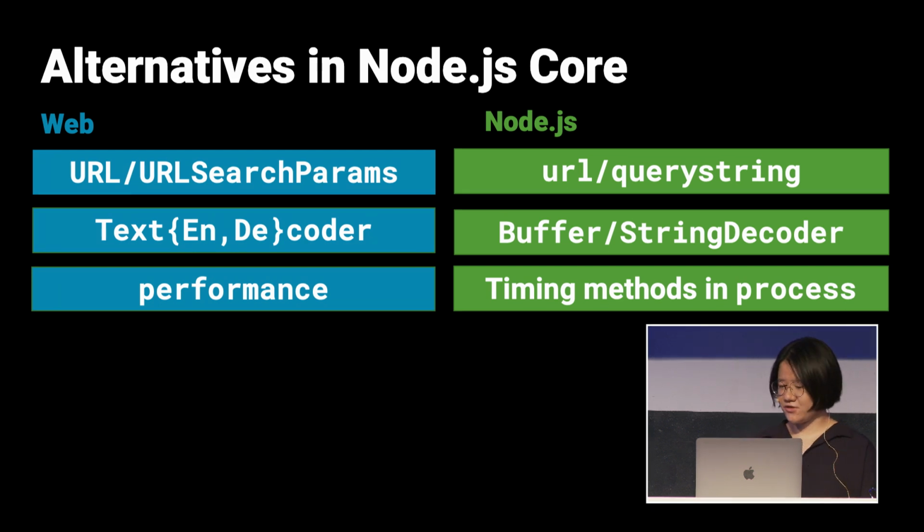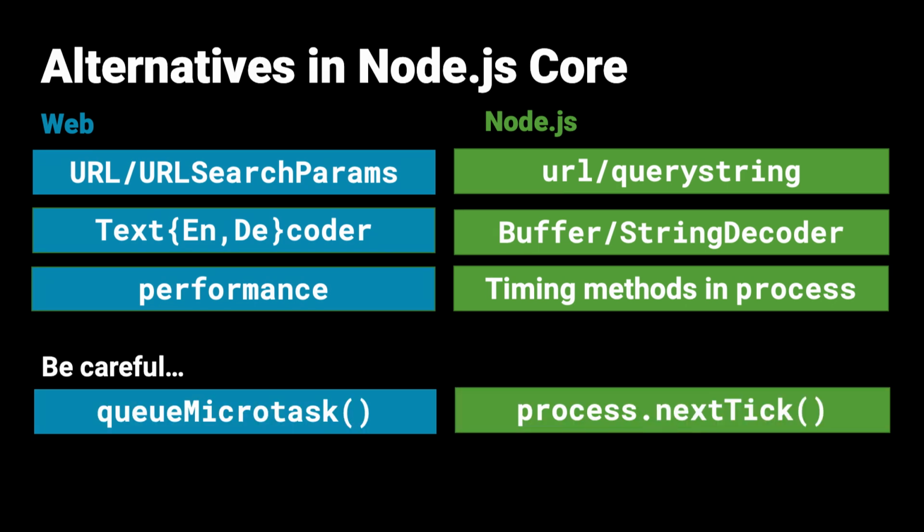And certain encoding and decoding methods of Buffer and StringDecoder can be replaced by TextEncoder and TextDecoder as well. And there is the Performance Timeline API, which, for example, can be used to replace certain timing methods in the process object.